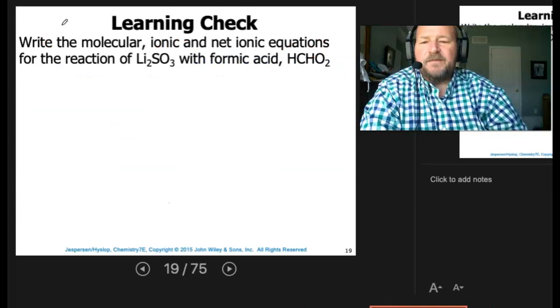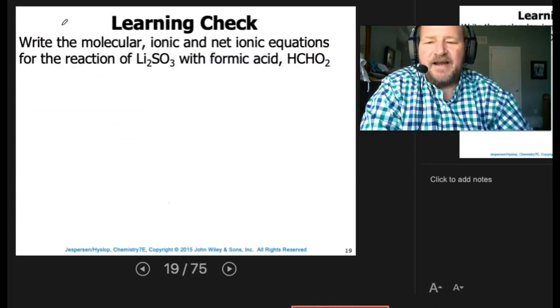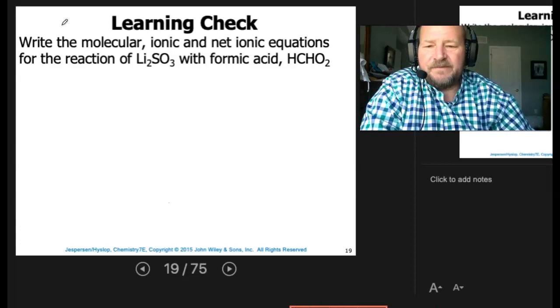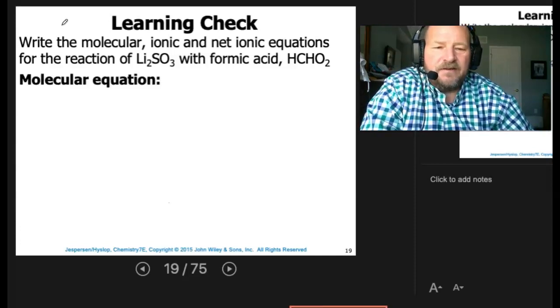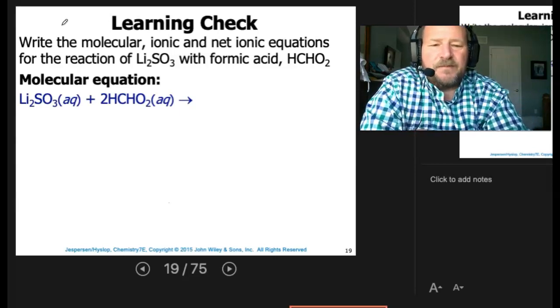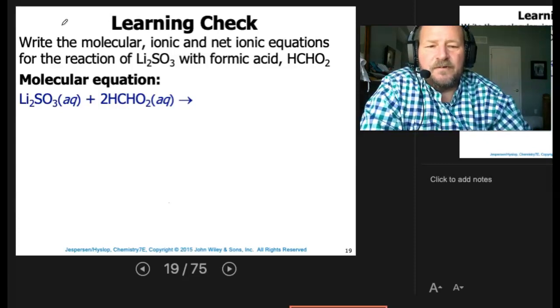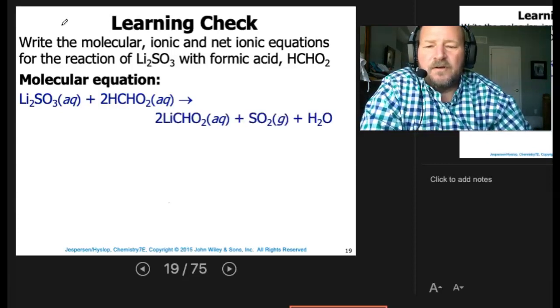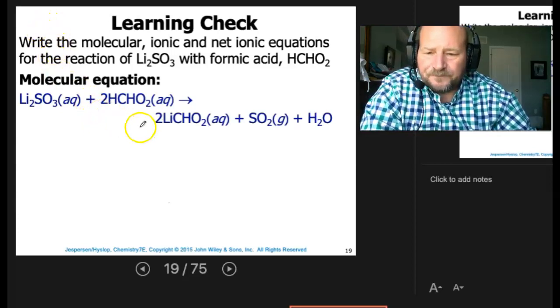All right, so write the molecular, ionic, and net ionic equations for the reaction of lithium sulfite with formic acid. So for your molecular equation then, you'd start off with these two things. Give you an opportunity to pause, see how you do. And so of course here, we're going to see the lithium replacing the acidic hydrogen.